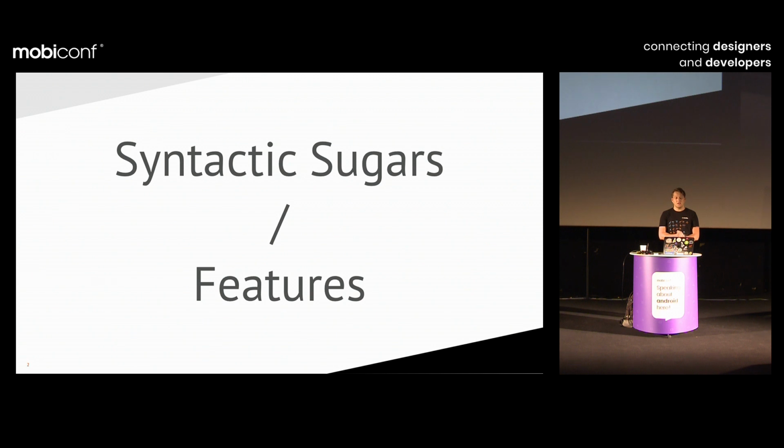So today we will talk about syntactic sugars and features. So how many syntactic sugars do you have in your pocket? Can you name them? Don't be shy. Guys, please. I know it's morning, but... So? Just one? The coolest feature of Kotlin?